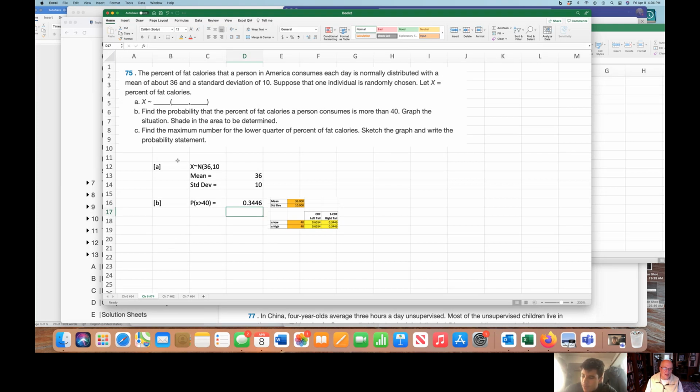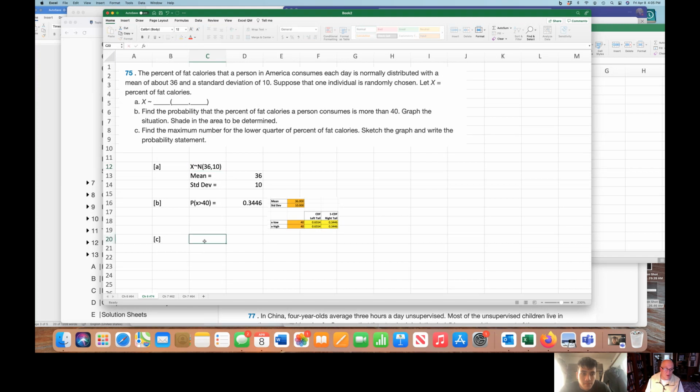C. Find the maximum number of lower 25% fat calories. Oh, percent of fat calories. These are percent of fat calories. Okay. I should read the problem. Not that it matters. I know how to answer it without actually reading it to find out what we're doing, but it always helps to know what you're doing.